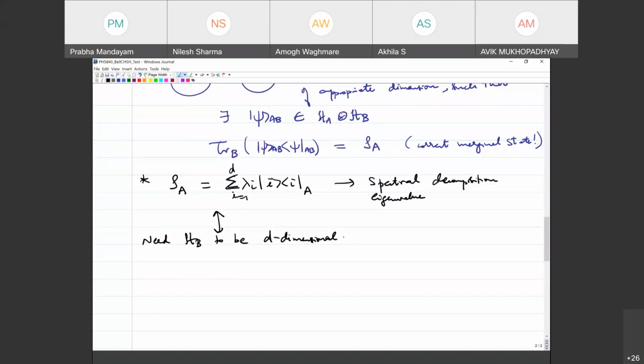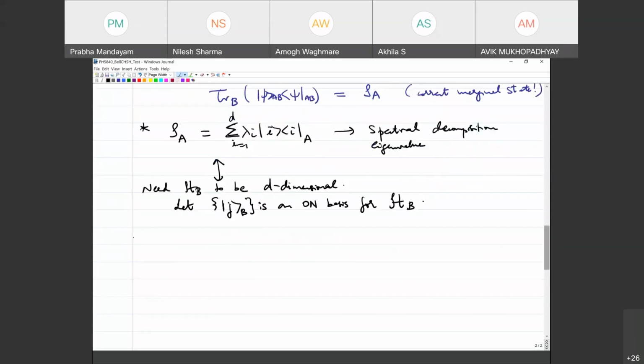Let us say that ket j_B is an orthonormal basis for this additional quantum system that we have appended now. So now what is the so-called purified state? Any ideas? It's the reverse of the Schmidt decomposition.